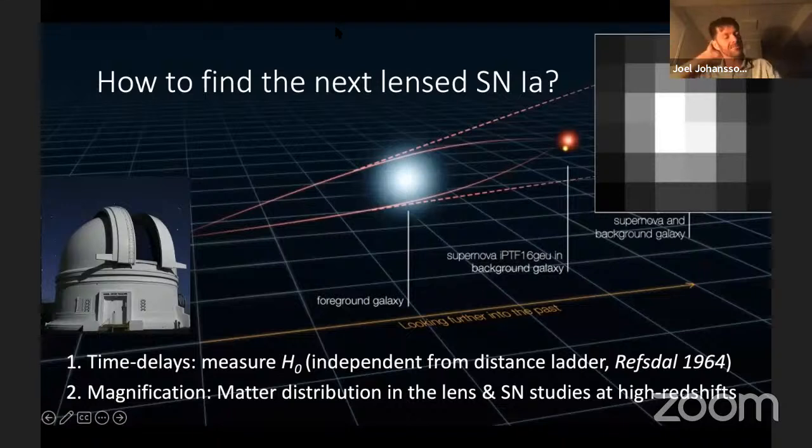Okay, so the last part, which might seem a bit disconnected, is suddenly I'm starting to talk about lensed supernovae. So it might become apparent.